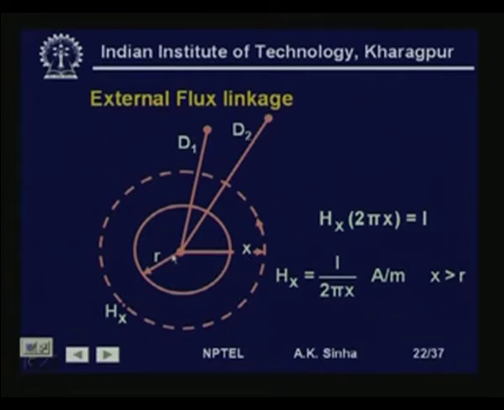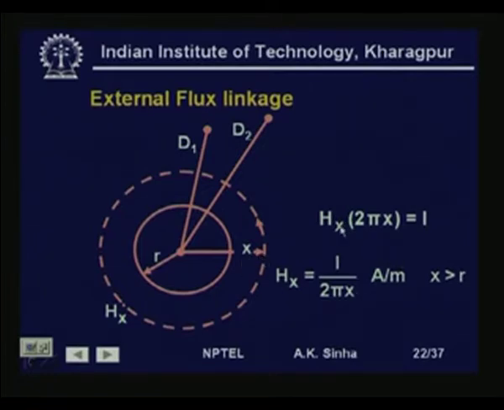Next we have to find out the flux linkages outside the conductor. Again for the same conductor, we have taken a point which is at a distance x from the center of the conductor, where x is greater than r.